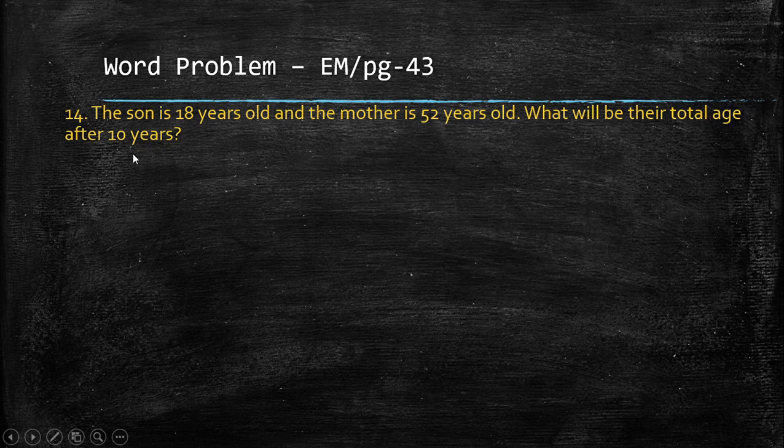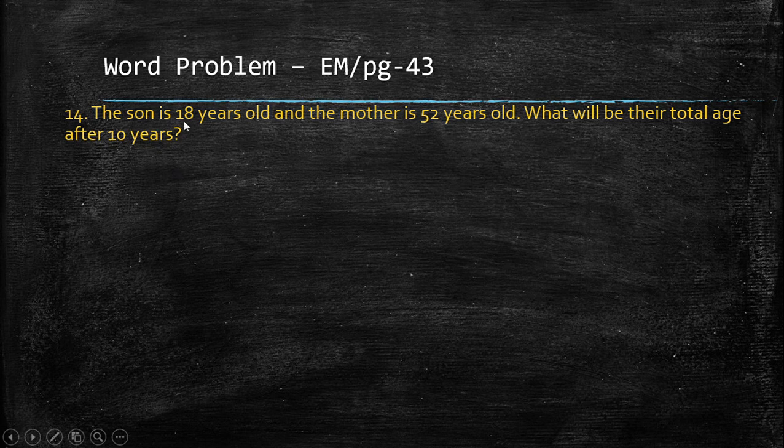What will be their total age after 10 years? What does that mean? That means the son's present age is 18 years, and this 52 years is the mother's present age. So you have to find out the total age after 10 years.